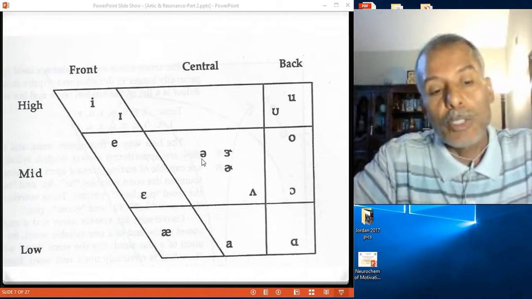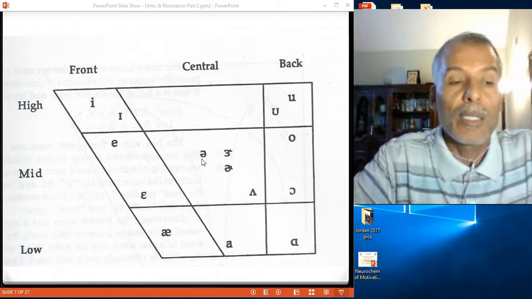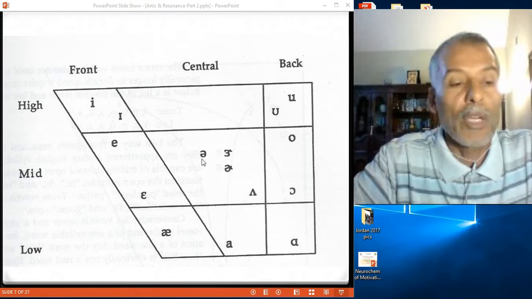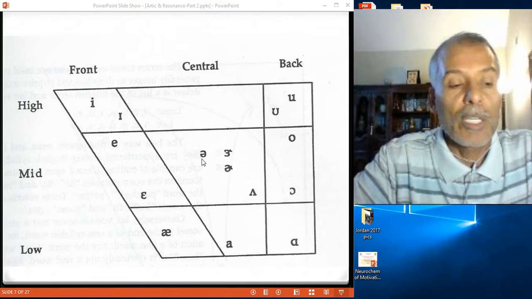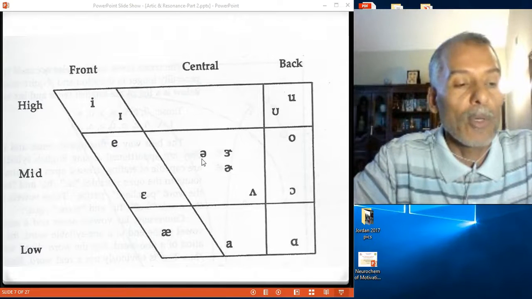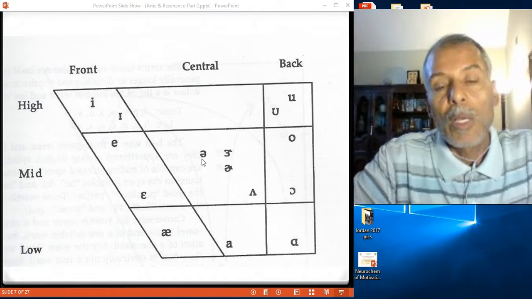This is why it is used as the basis for measuring vocal tract resonance, which is, if you have a vocal tract of 17 centimeters, you are going to get a resonance of about 500 hertz.